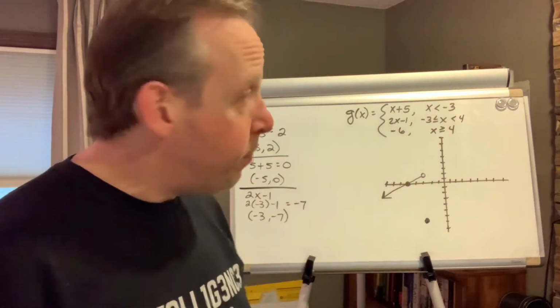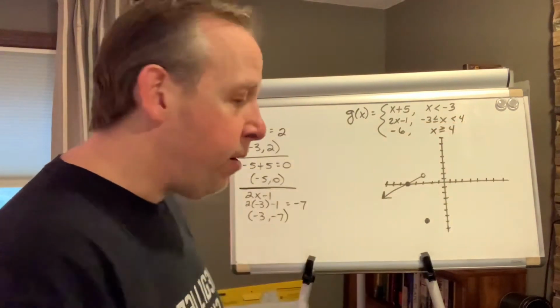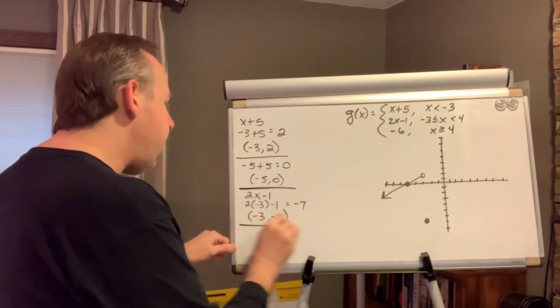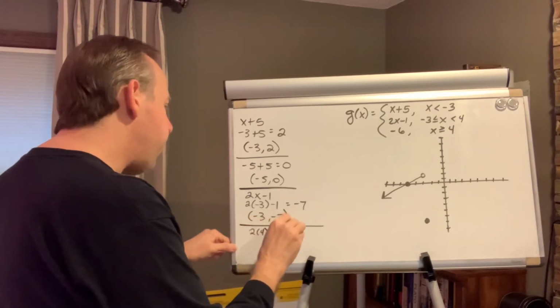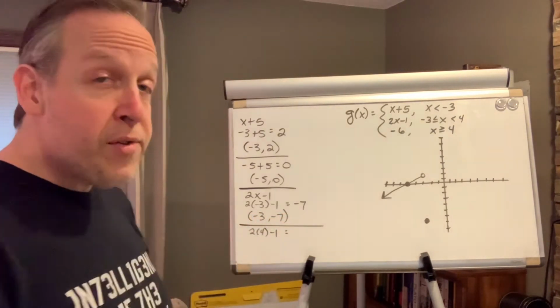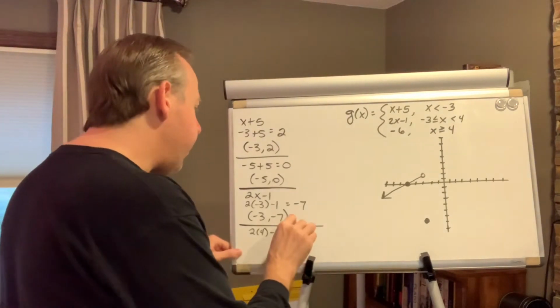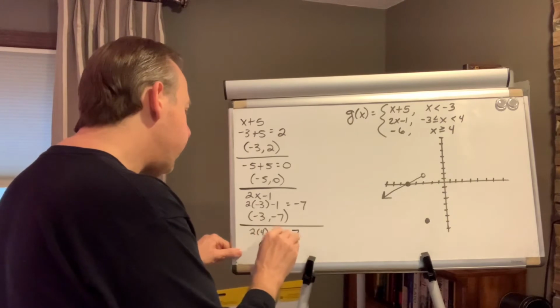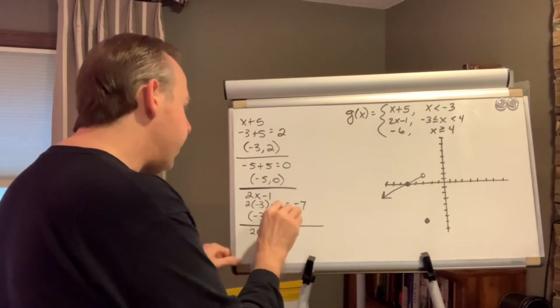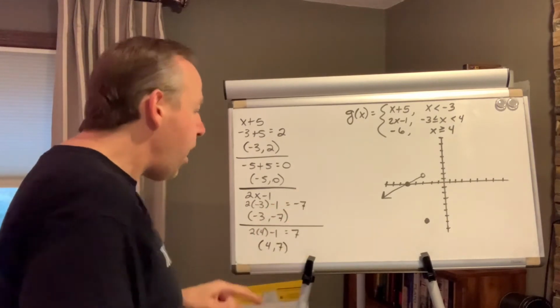Where does it go? Well, that's when you're going to use the 4. So you do it again. 2 times 4 minus 1. 2 times 4 is 8. 8 minus 1 is 7 on the positive side. So it's (4, 7). Sometimes I cross my 7s and sometimes I don't. (4, 7).